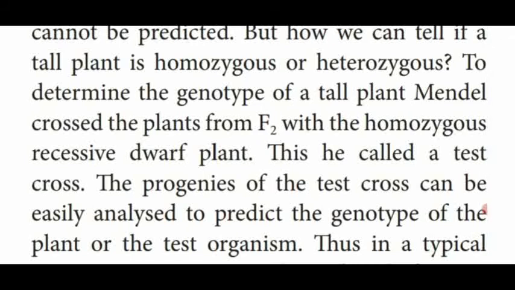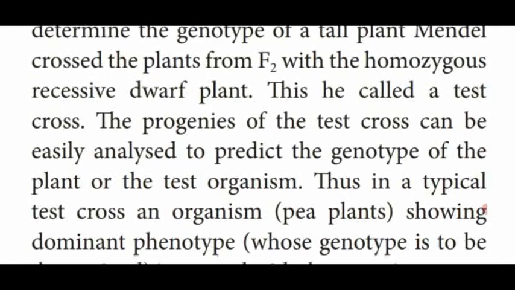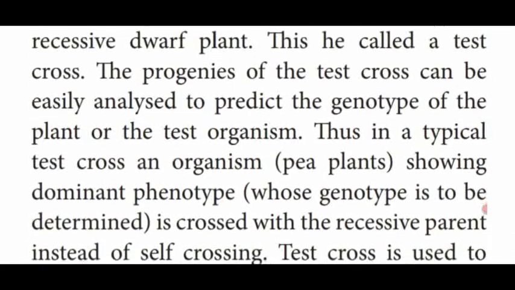Most probably, in the F1 generation, we are getting heterozygous tall plant. When the F1 generation is crossed with the recessive dwarf plant, at that time, we will get homozygous and heterozygous tall plants. That type of test is called a test cross.